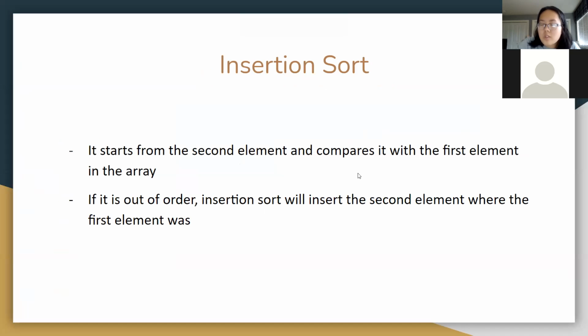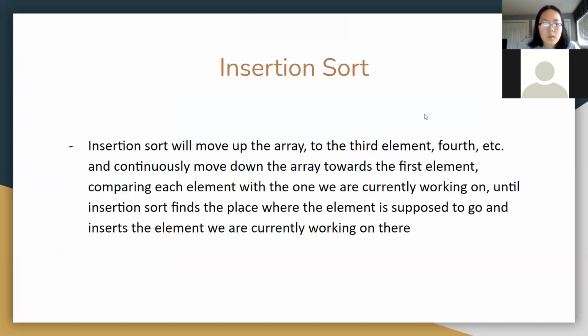So it's kind of similar to the bubble sort at the beginning, but it's not. Essentially, insertion sort will continuously move up the array to the third element, to the fourth element, etc., and continuously move down the array towards the first element, comparing each one that it reaches.